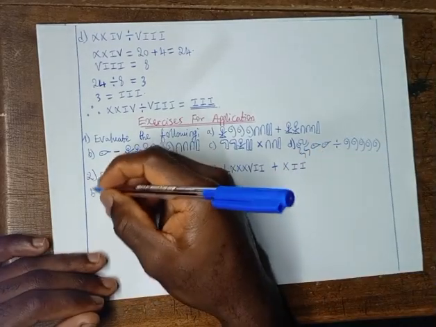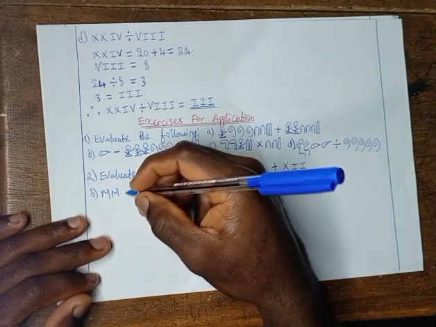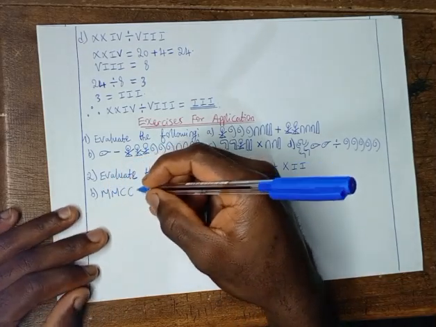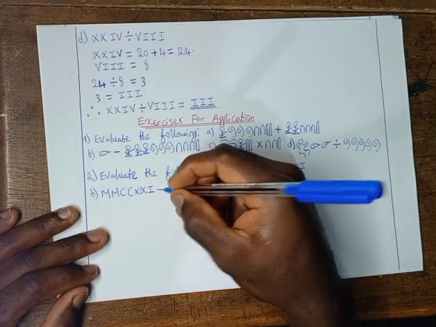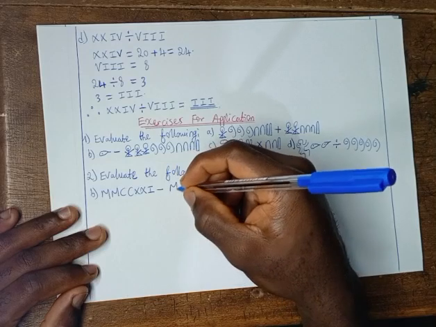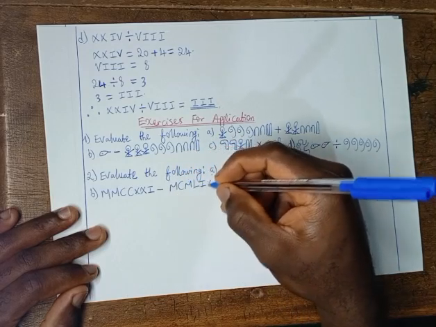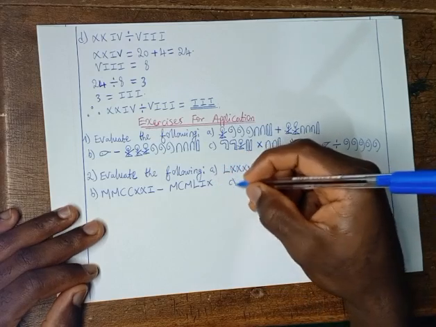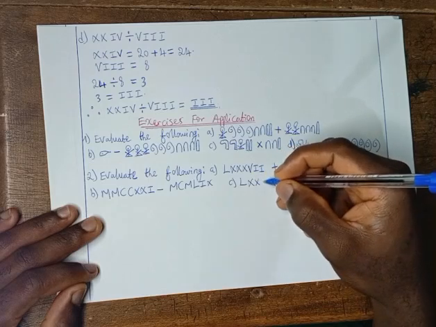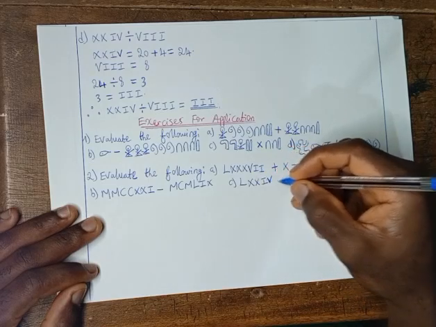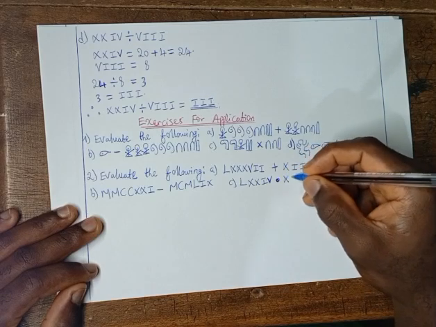Go to question B. We have the first number MCXI, minus the second number MCLIX. Which is C, we have LXIV. I'll use a dot here for multiplication, times XV.